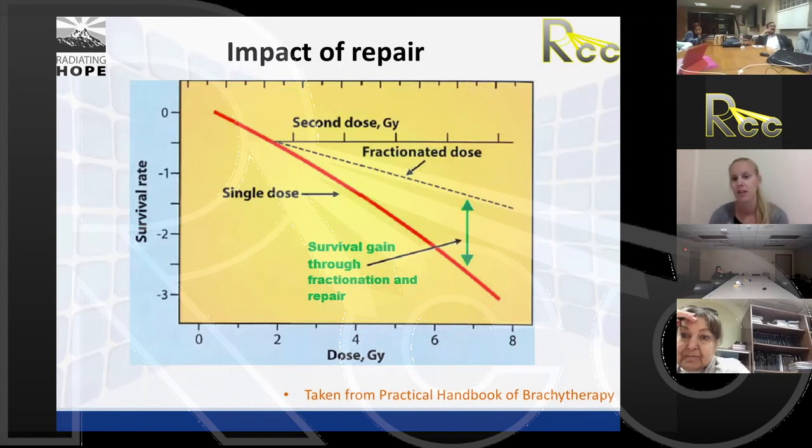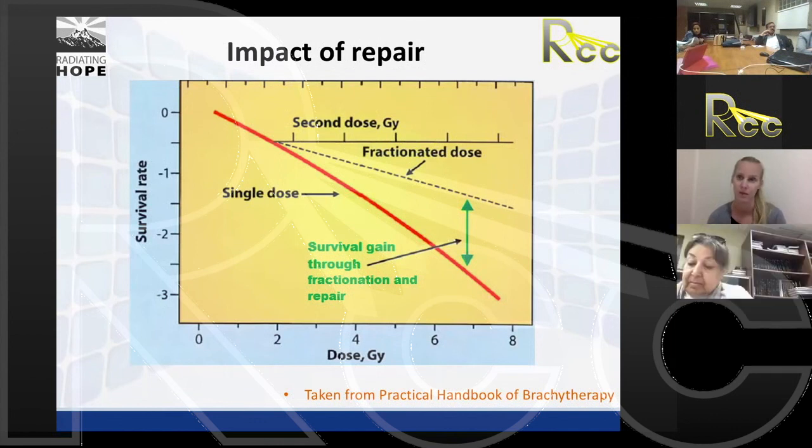If you fractionate that dose, so if you give that 6 gray over 2 fractions, you'll find that a larger proportion of cells will survive. That's how you'll see different cells surviving through the effect of fractionation. And that's what we use to our advantage in radiation therapy.